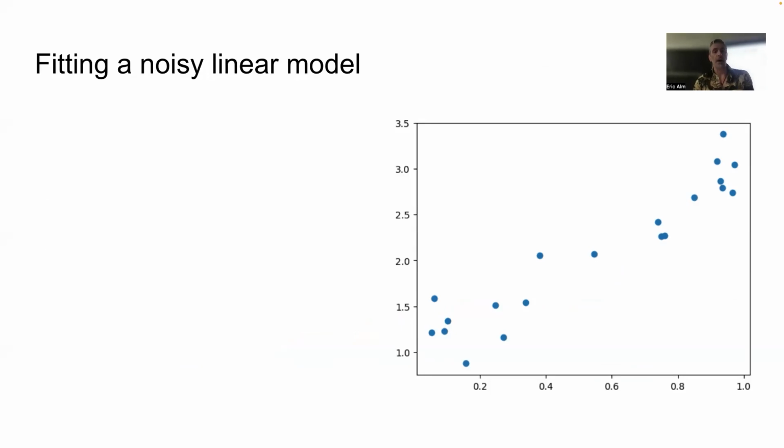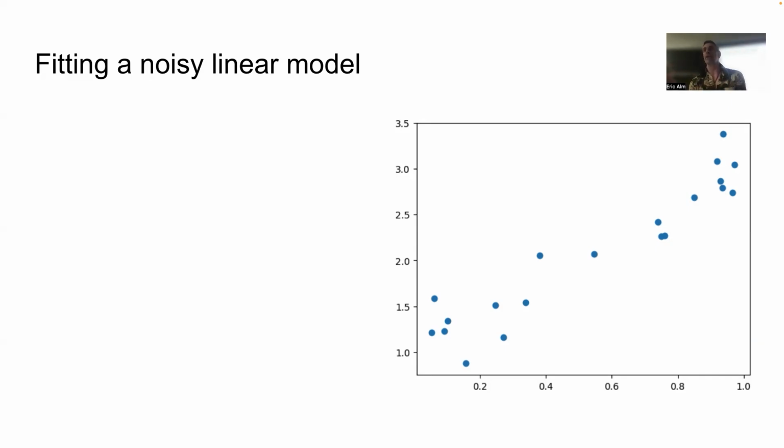Okay, so let's walk through how we use these to fit a simple model. The data I'm showing you here is from a line, y equals ax plus b. You can probably figure out what a and b are by looking at it. I don't actually remember, I think it's 2x plus 1 or something.